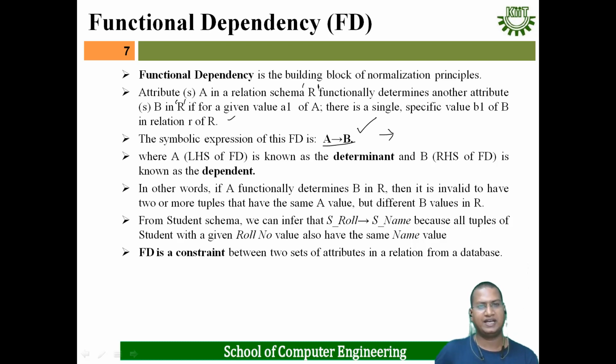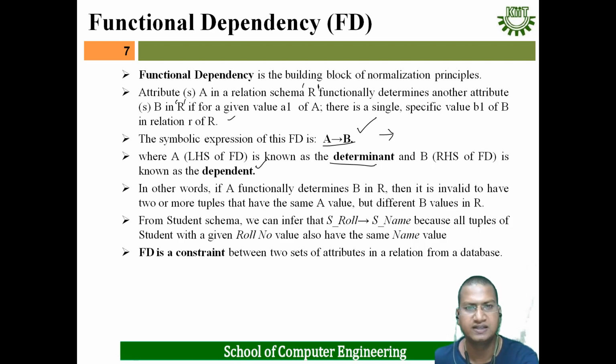Here the LHS of the functional dependency is known as the determinant and the RHS is known as the dependent. In other words, if A functionally determines B in R, then it is invalid to have two or more tuples that have the same A value but different B values in R.